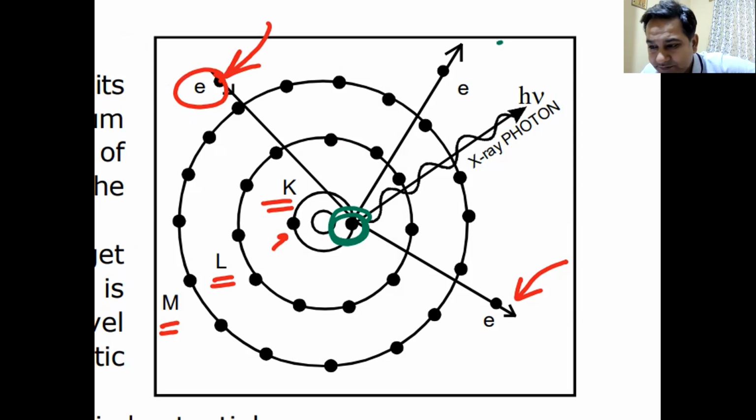If it knocks out any electron from the K shell, the electron will get energy and jump to the higher shell. From chemistry, if I give sufficient energy to an electron in the lower shell, it can move on to the higher shell. When they lose energy from the higher shell, they can come down to the lower shell. We understand this?